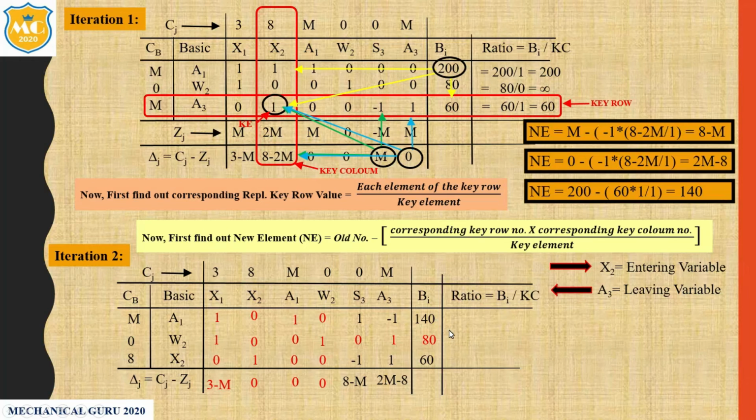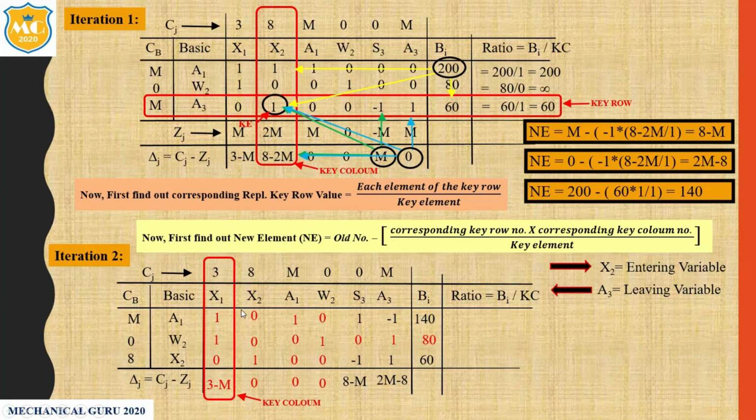Clear? Now next we have to find out the key column. So here most negative number is 3 minus M. Okay, so this is our key column. Now next we have to find out the ratio.